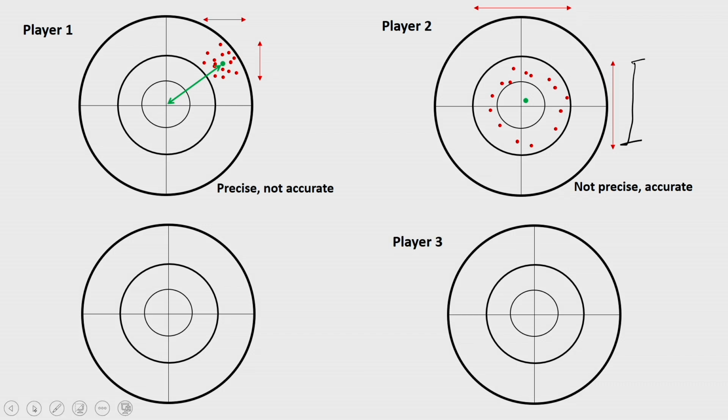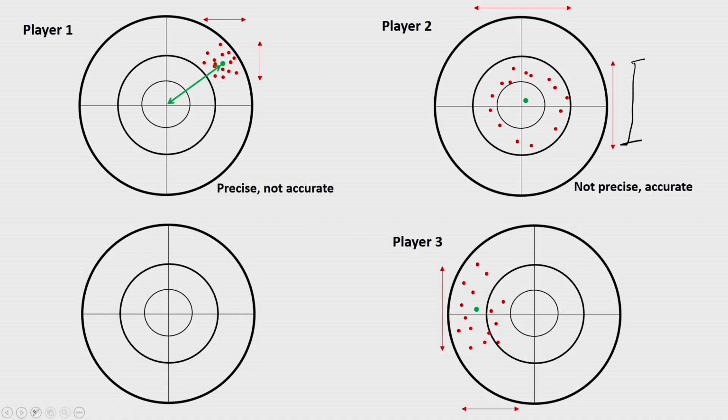Now we can see player 3, his shots are like this, coming one by one. So this is his dispersion, or we can say this is the spread. I am using dispersion and spread interchangeably, don't get confused. This is the average value shown by the green color, and this is the accuracy here.